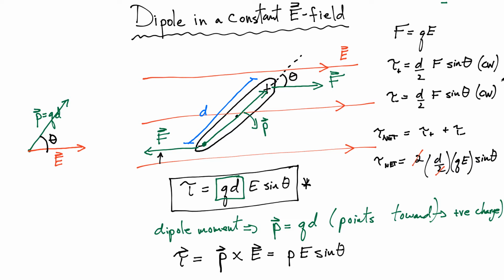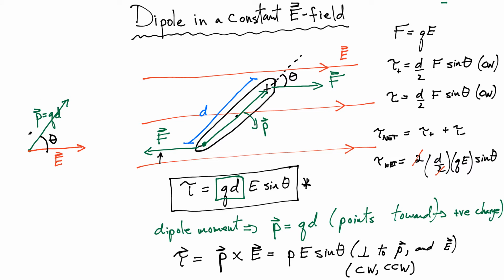The torque direction ends up being perpendicular to both. If things are in the plane like this, usually you can pick a direction for the torque as being either clockwise or counterclockwise, and that's what I've done up here.